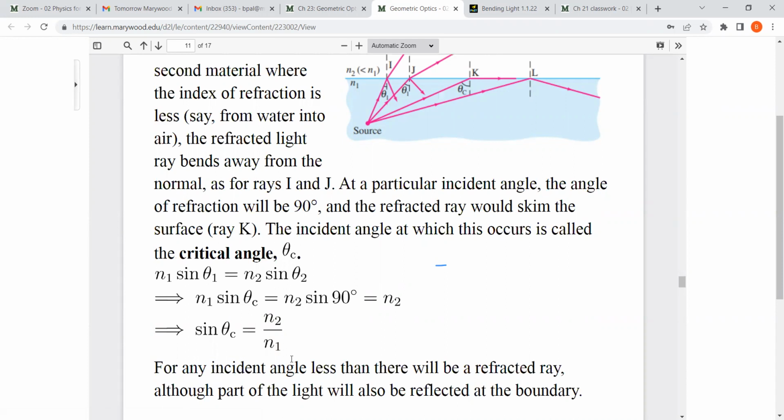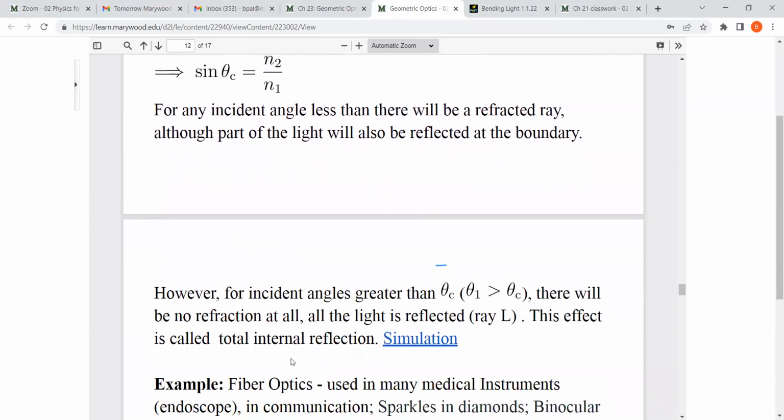The sine of the critical angle is the ratio of n2 and n1. So you have to understand what is n2 and what is n1. n2 is the second medium where we have the refraction, and n1 is where the light is striking the surface.